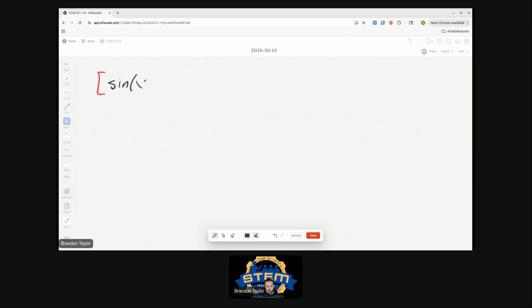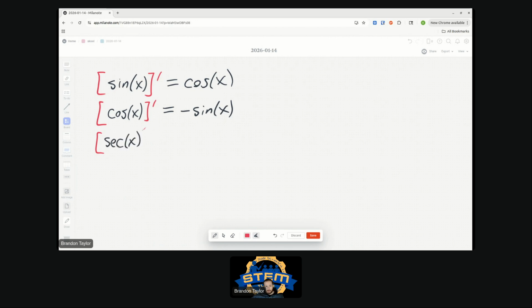The derivative of sine is cosine. The derivative of cosine is negative sine. The derivative of secant is secant tangent. The derivative of cosecant is equal to negative cosecant cotangent.